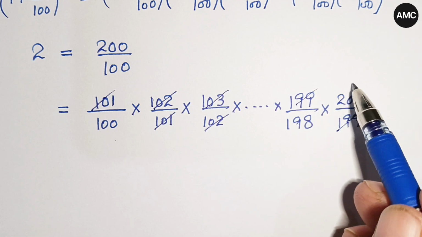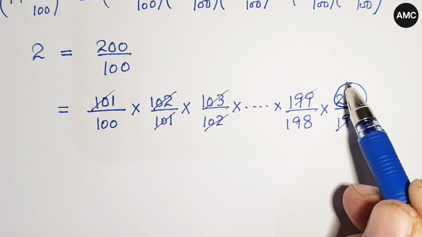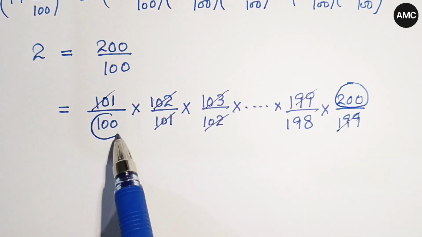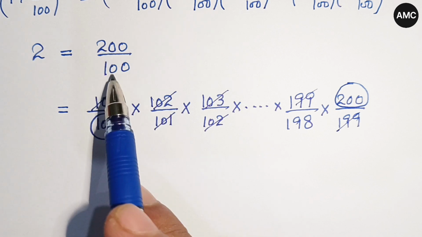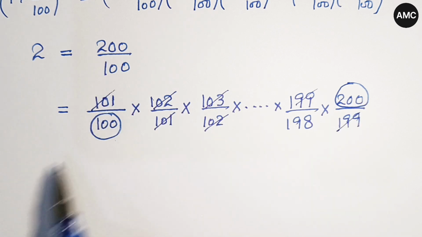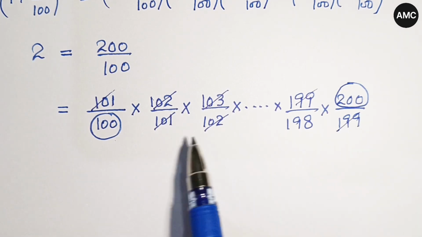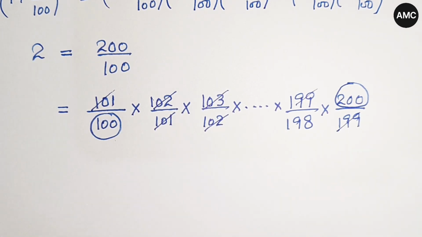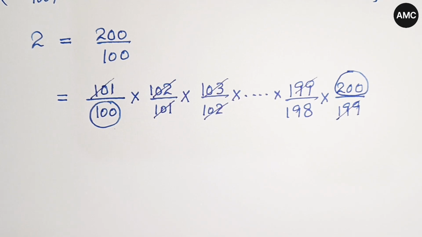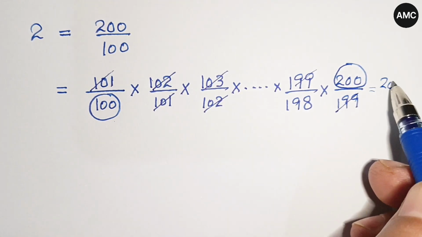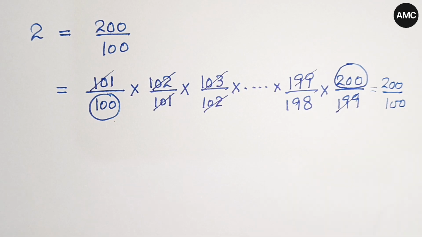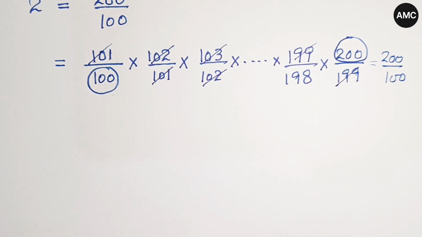So we get only 200 in the numerator and 100 in the denominator. By cancelling every term with each other, we end up with 200 divided by 100. Here we also have 100 elements.